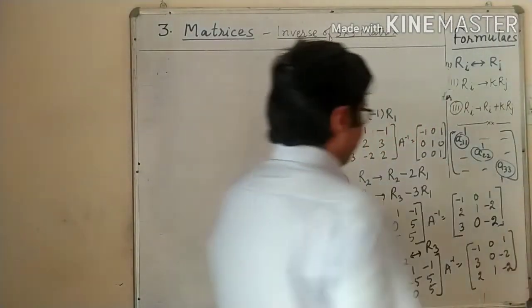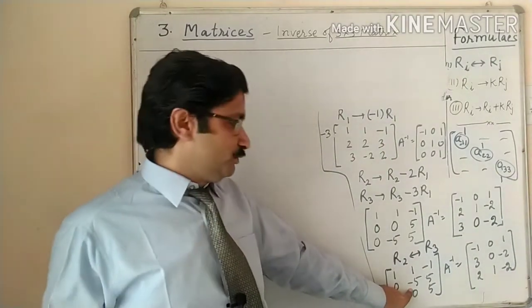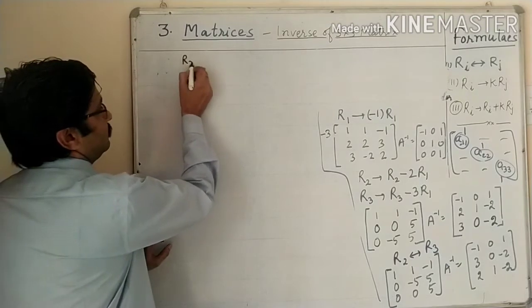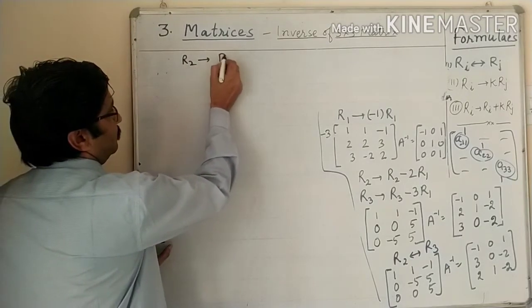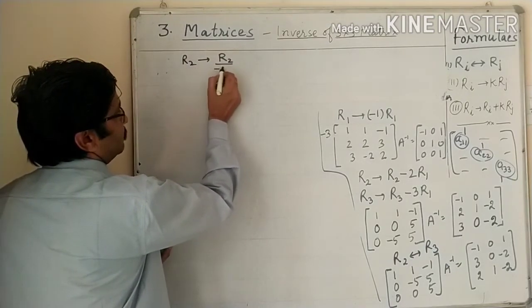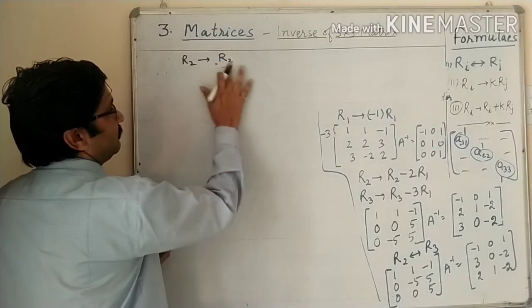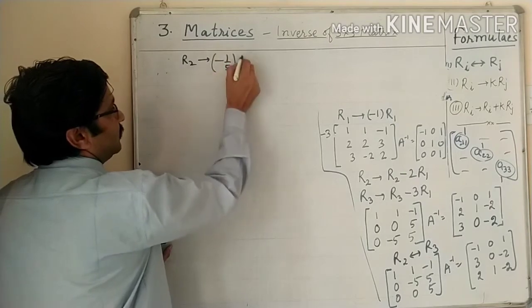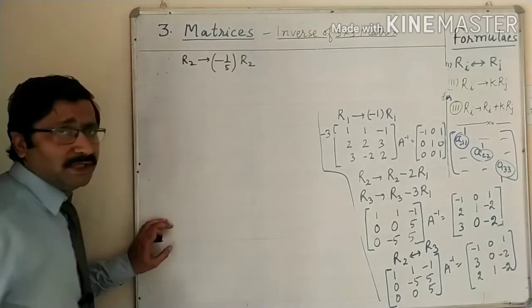Now look here, we want 1 here. So for that what we do, this second row you will divide by minus 5, or you can write you multiply by minus 1 by 5. Okay, this second row you will multiply by minus 1 by 5.